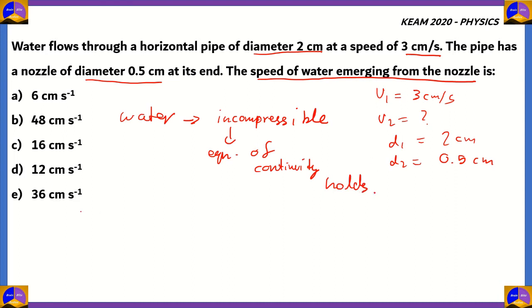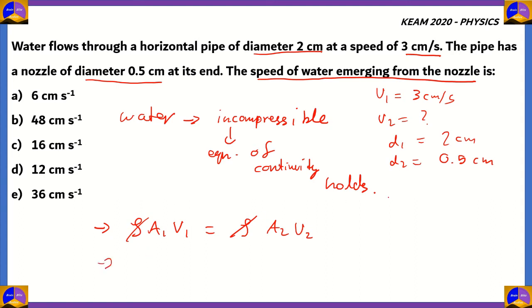So you can write rho times A1 times V1 equals rho times A2 times V2. The rho cancels out because the density of water is the same at both ends. A1 V1 gives the volume of water flowing across each end, and since they are equal, A1 V1 equals A2 V2.